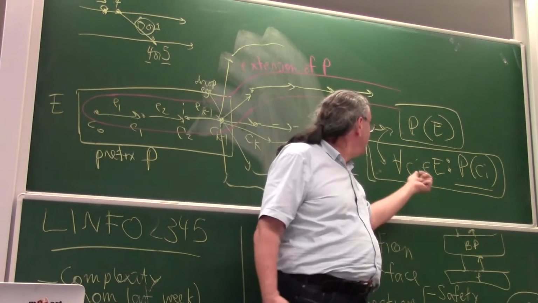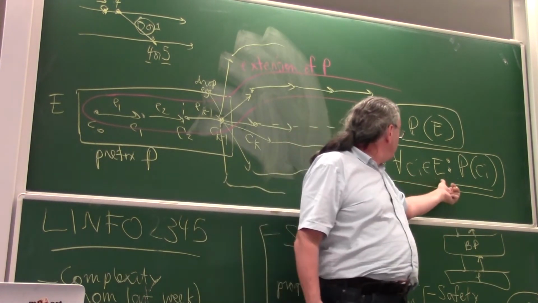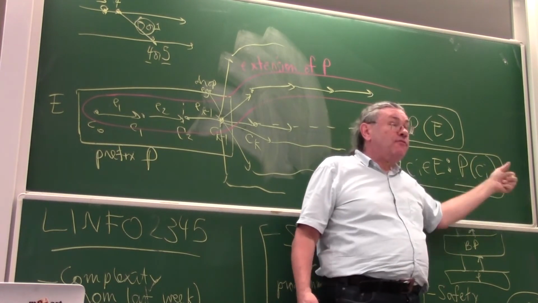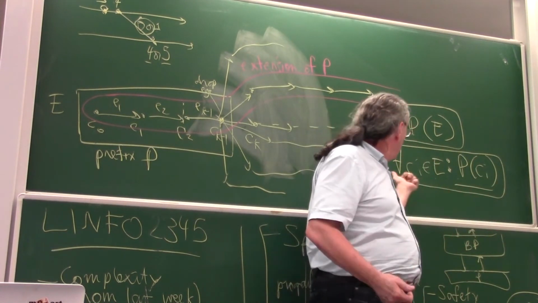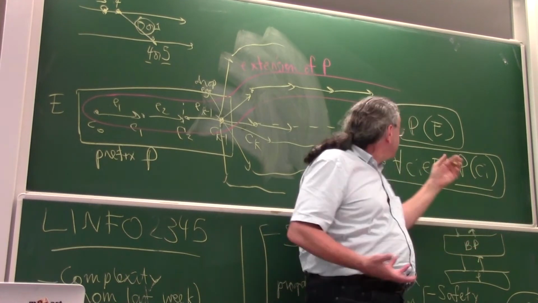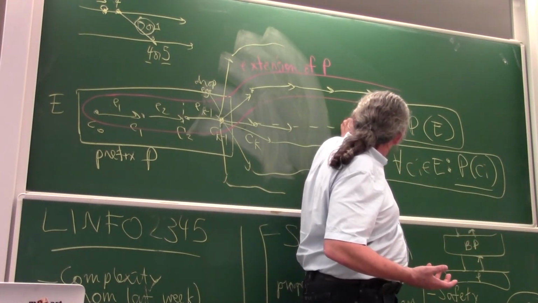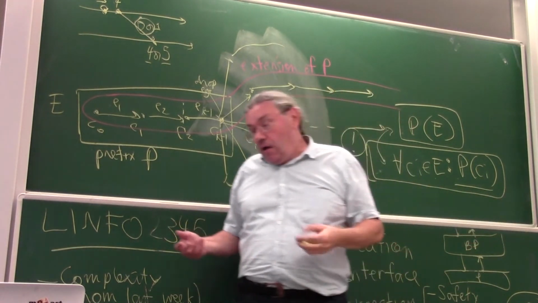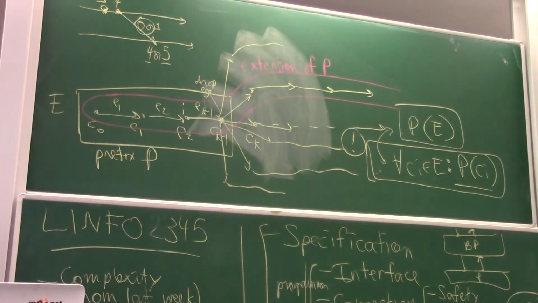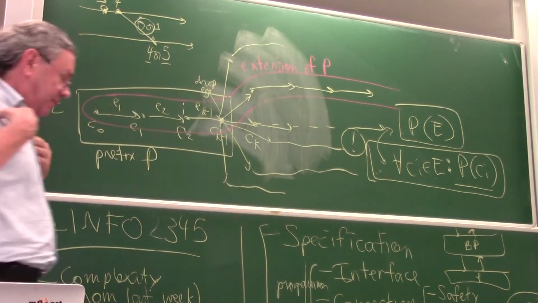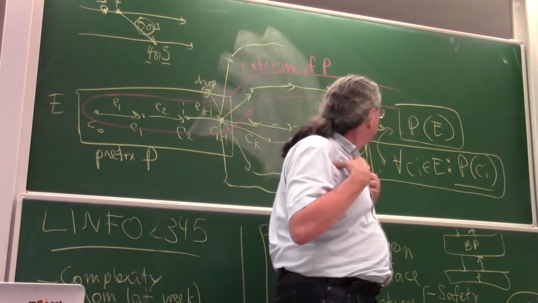No? Any? For every configuration in an execution, that configuration is safe. We could define it like that. See, this is kind of a subtle thing, right? When I tell you something, you should never accept it uncritically.